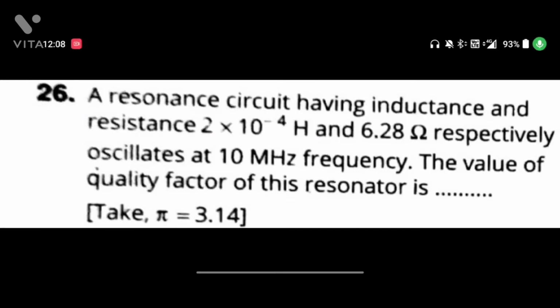So hello friends, so I think you have seen the question. So the question is, they have asked about a resonant circuit having inductance and resistance of 2 into 10 to the power minus 4 henry and 6.28 ohms respectively, oscillating at 10 megahertz frequency.